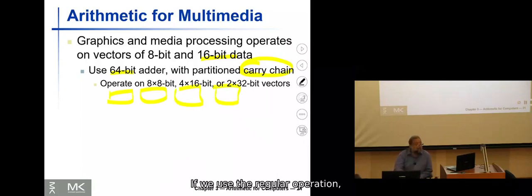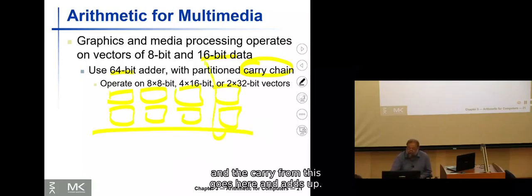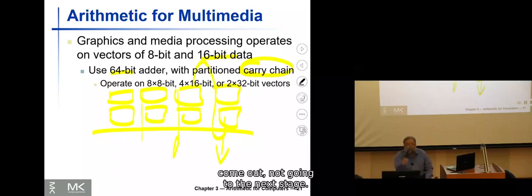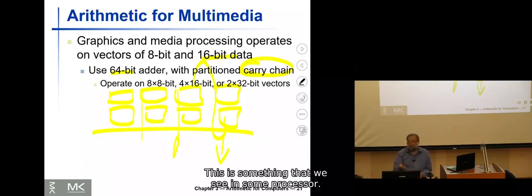If we use the regular operation, we just add 32 bits together, and the carry from this goes here and adds up. If you could partition the carry chain, so the carry from here comes out, the carry from here comes out, not going to the next stage, then you could have 4 separate 8-bit additions. So this is something that we see in some processors.